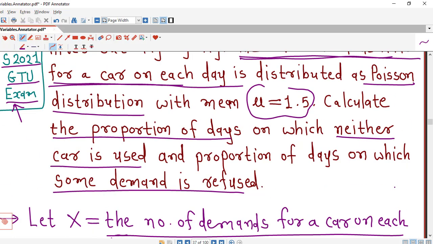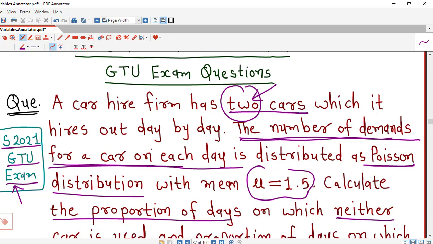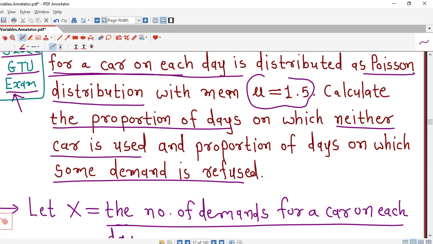And we will keep in mind that this car hire firm has only two cars which it hires out day by day. Now we are asked to find out the proportion of days on which neither car is used.